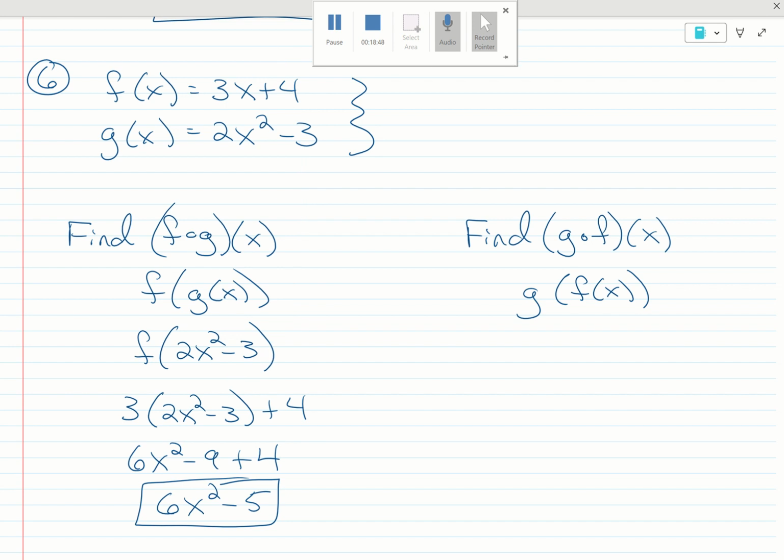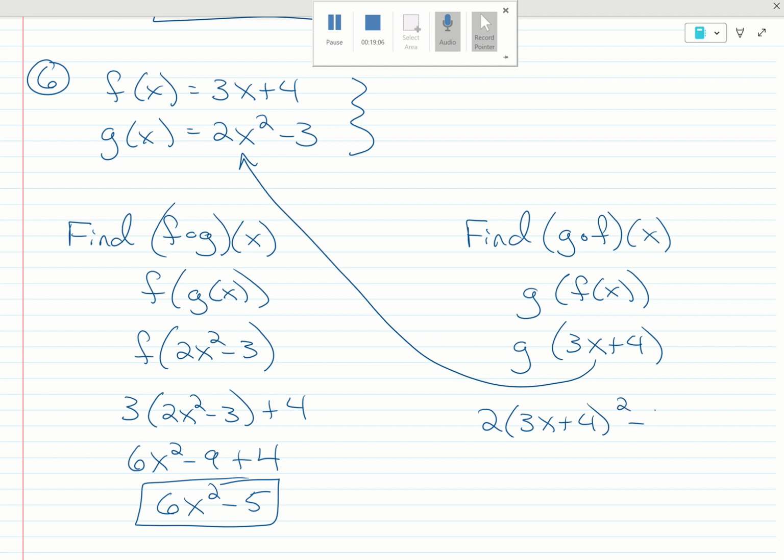Now if they were switched and we wanted to find g of f of x, f of x would be 3x plus 4, and we're going to plug that in for the x in g of x. So we're going to do 2 times 3x plus 4 squared minus 3. So we'll have to go ahead and distribute this by multiplying it by itself.